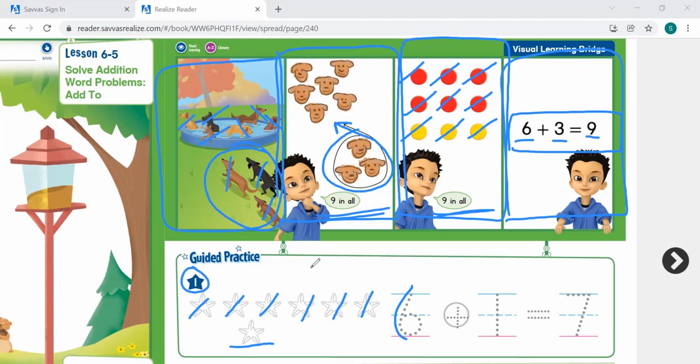We had 6 sea stars on the beach. We are adding, this plus sign means adding. We are going to add 1 more sea star. And that equals 7 in all. All right, let's turn the page.